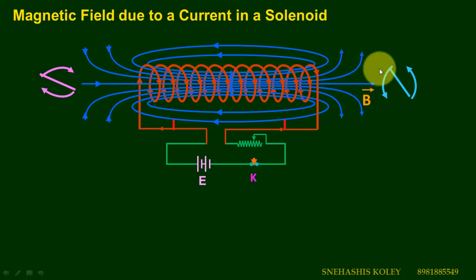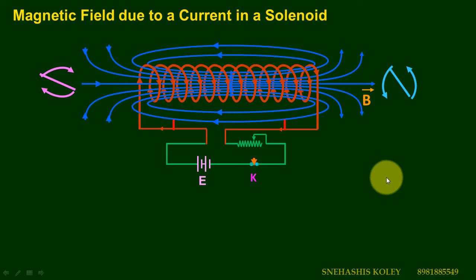And on this side, if you see the flow of current, then you will see that the current will flow in the anti-clockwise direction, so it will be the north pole. In another way, you can turn this S symbol along the arrow, then you get a clockwise motion. And if you turn this symbol along the arrow, then you will get an anti-clockwise motion.